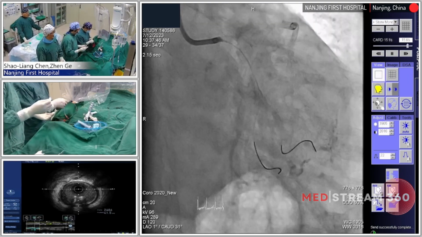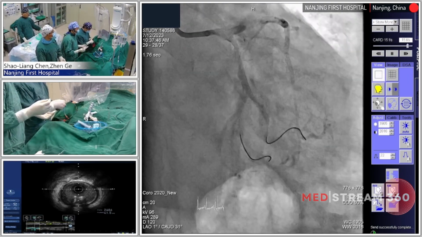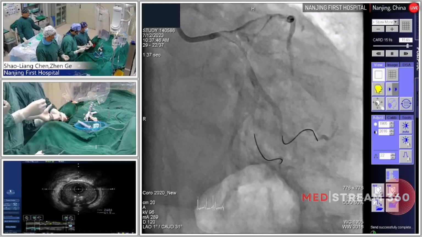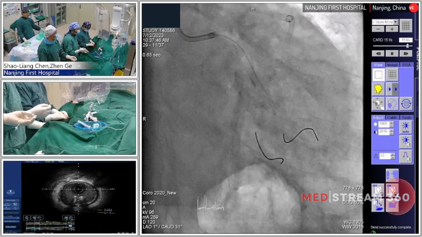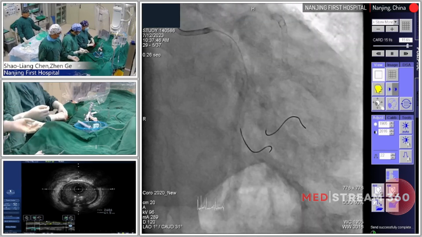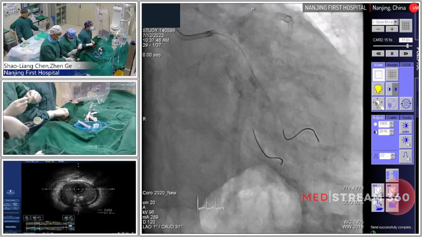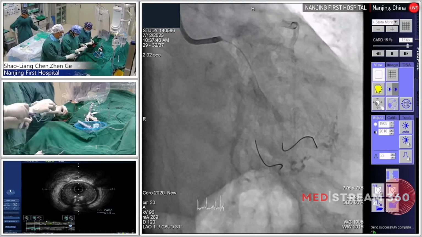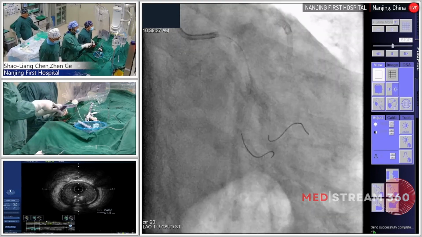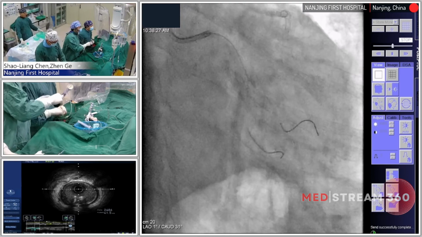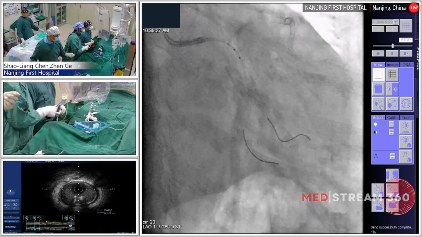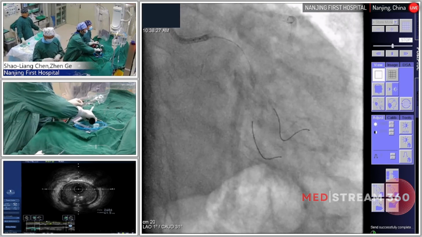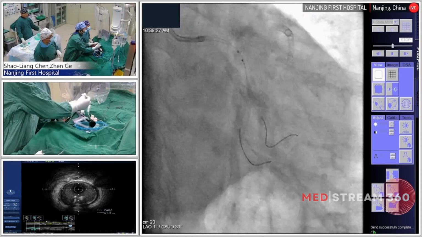After main vessel stenting, I use the balloon to do the POT for the proximal circumflex. So here is a POT. Another trick is that for this patient, because you also need another stent for the proximal circumflex, if you did not do post-dilation for the first stent, it would be very difficult in some cases to get two stents overlapping each other.